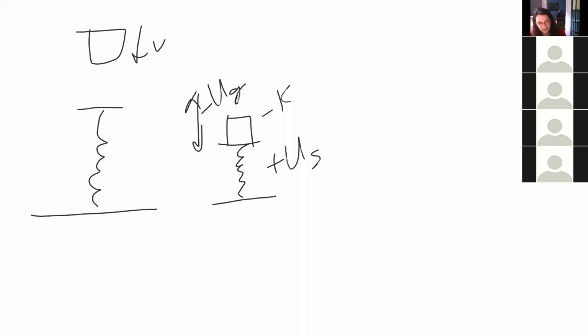So the first thing they ask us: we have our block, we have k, which is a spring constant, and we also have the maximum compression distance. First they ask us to find the work done on the block by the gravitational force. In order to find the work done by gravity, I need the force of gravity dotted with the displacement.